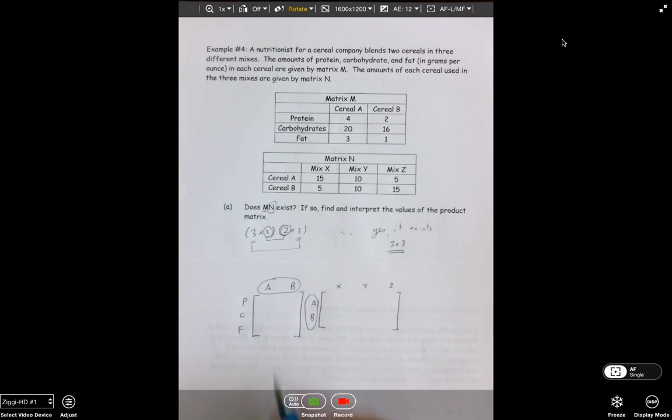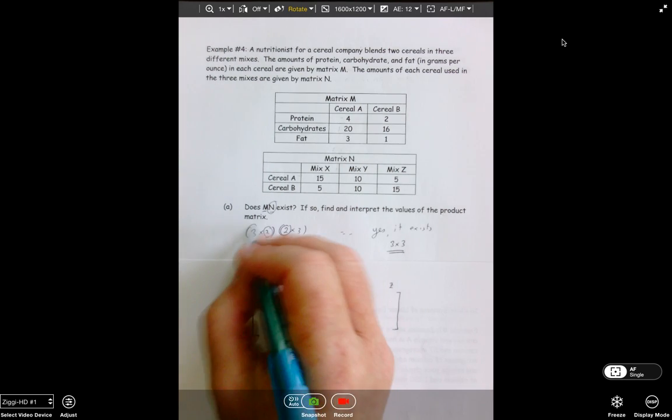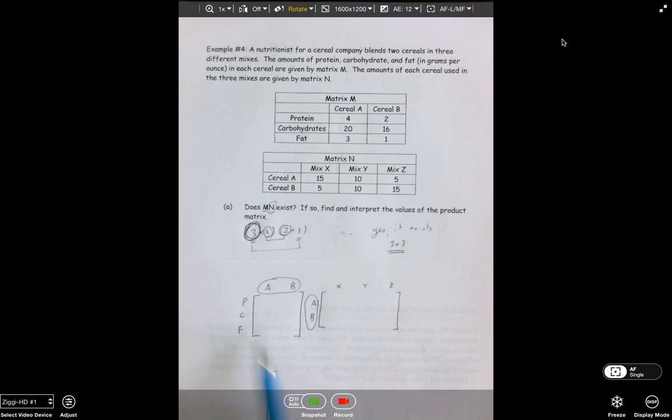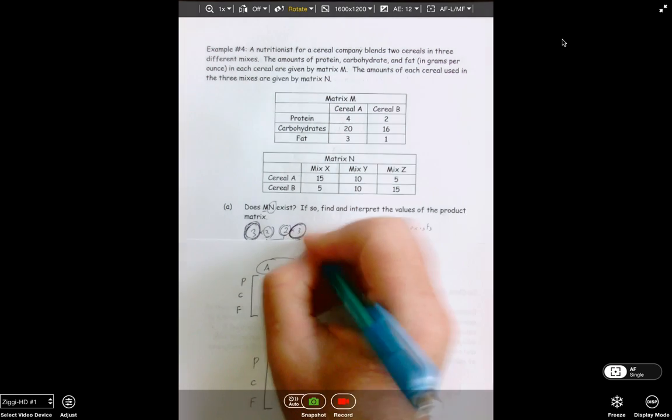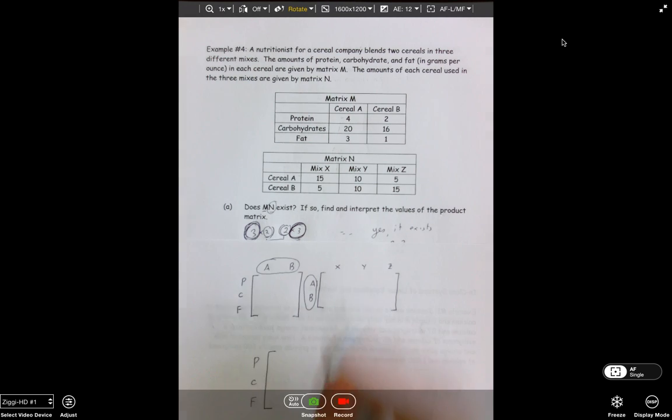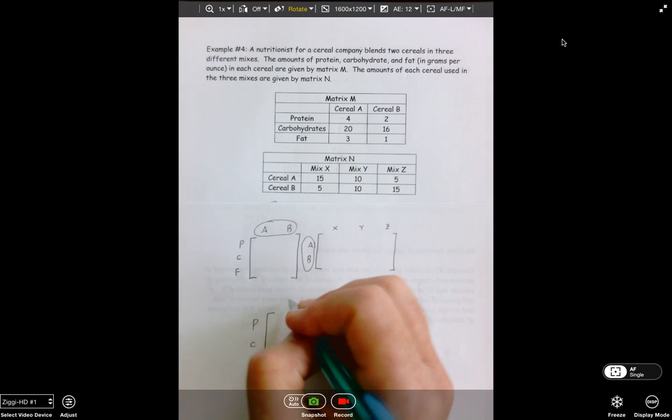Therefore, when we create the product matrix, the rows, there's 3 right here, not only do the values come from using the rows of the first matrix, the interpretation comes from using the first matrix. Same thing here. The interpretation comes from the columns of the second matrix.